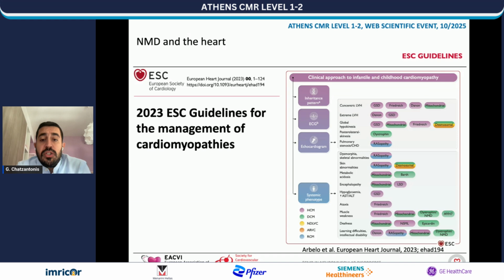So if there is any dysmorphia, skeletal abnormalities, or skin abnormalities, one should look. Metabolic acidosis, typical in mitochondrial diseases, or encephalopathy, hypoglycemia, ataxia, muscle weakness, deafness, learning difficulties, intellectual disability: one should be careful of this systemic phenotype.